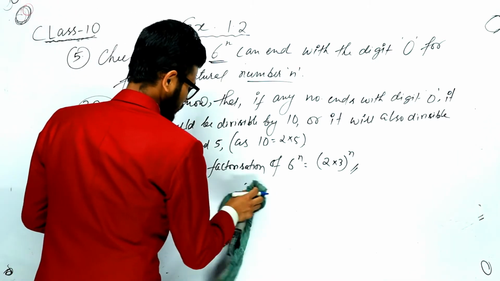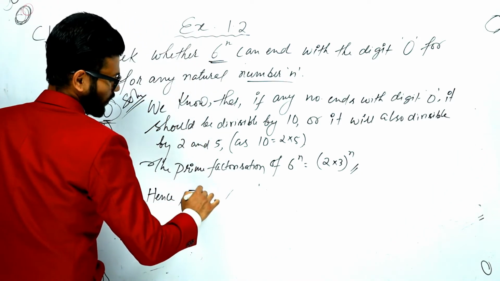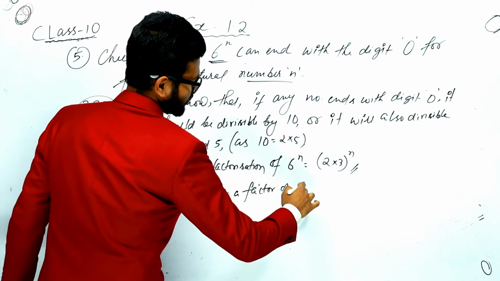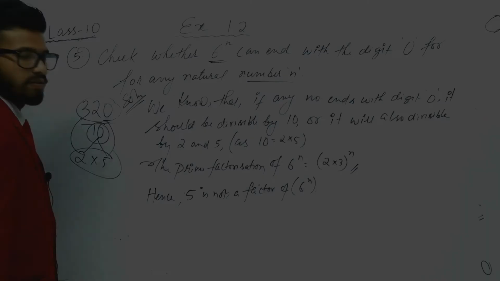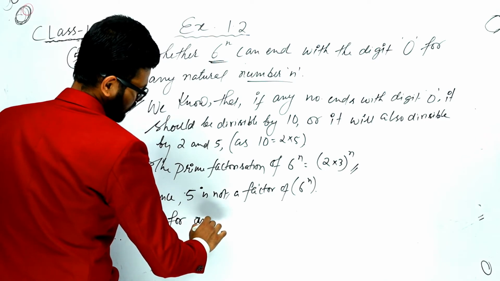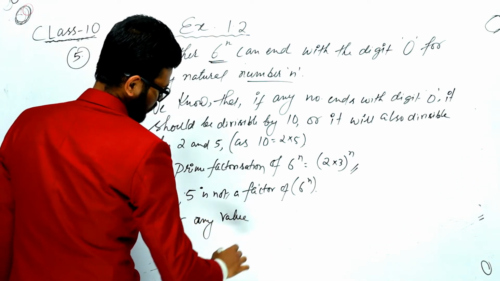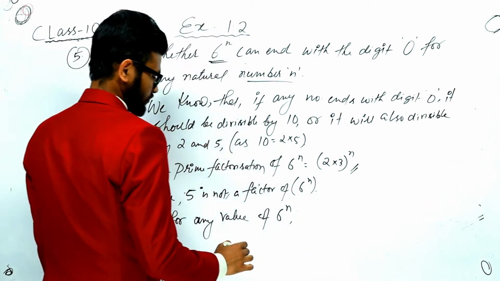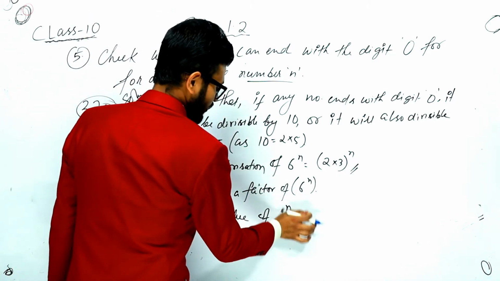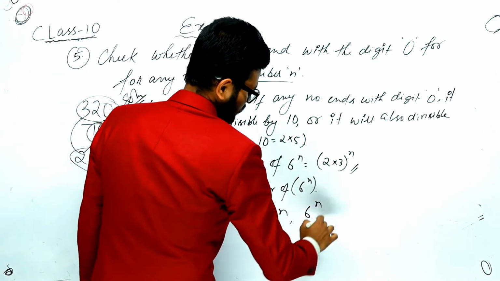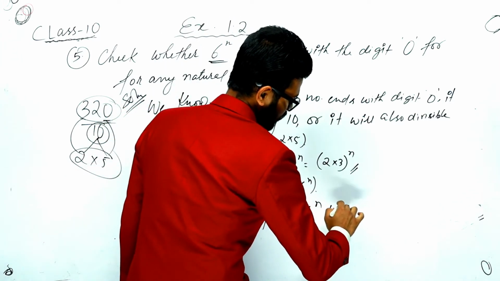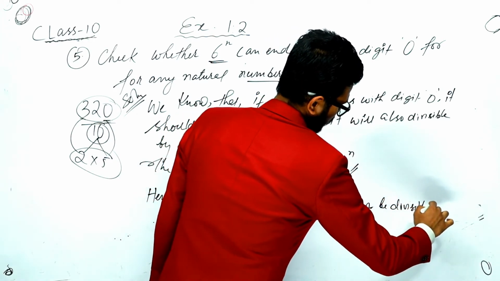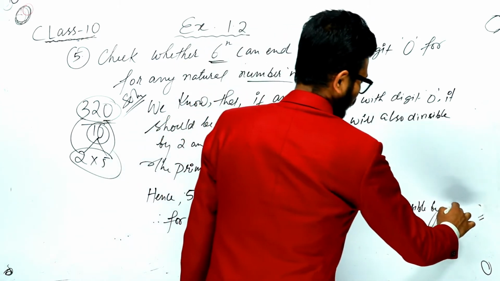Hence 5 is not a factor of 6 to the power n for any value of n. 6 to the power n will not be divisible by 5.